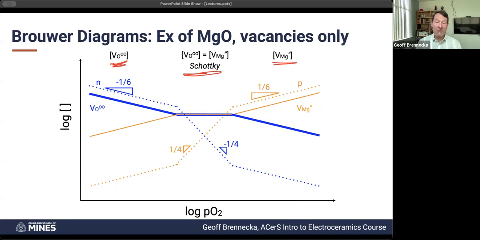But depending on the system, there might be a region where Schottky dominates, or Frenkel dominates, or that electron-hole pair we talked about from the photovoltaic type reaction might dominate. So you can create these Brouwer diagrams, what-if scenarios, for any of these. Then you go in the lab and make your measurements, compare to the what-if scenarios you put together, and say, this one matches. It makes a lot of sense that this is what's happening.